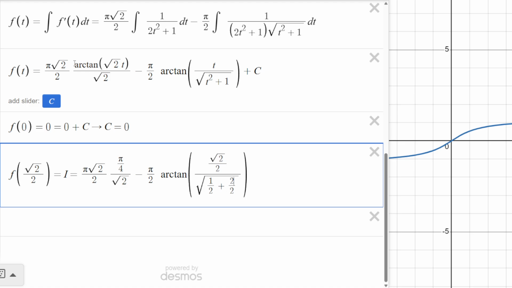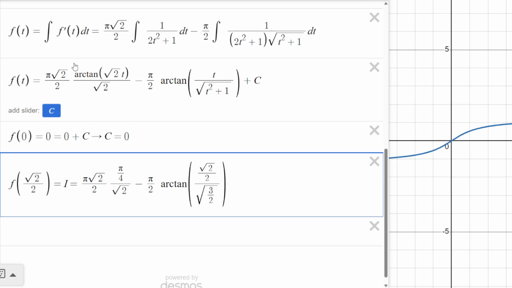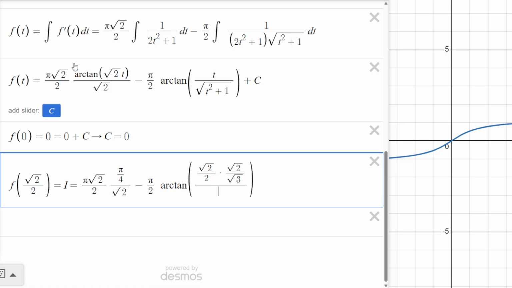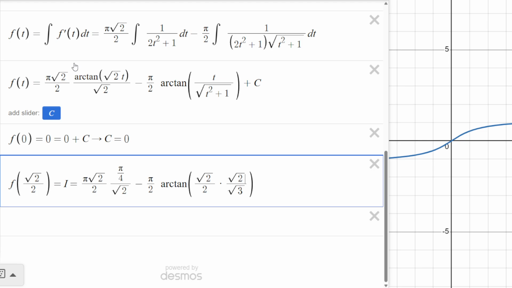So that gives us 3 over 2. And then we can put that on top as a square root of 2 over square root of 3. And then this and this multiply to get 2, which cancels this 2.